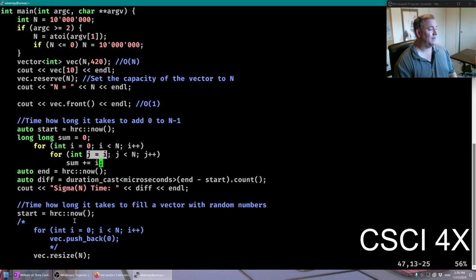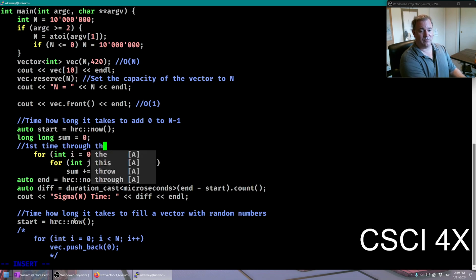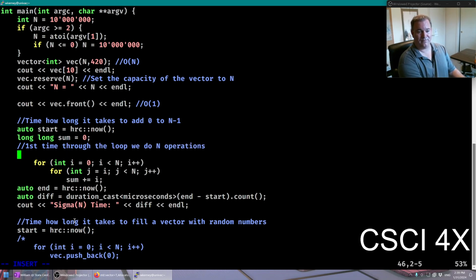What's the integral of y equals x? Another way of putting it: how many operations is this going to do? If n is 1,000, how many operations are we going to do? First time through the loop, we do n operations.